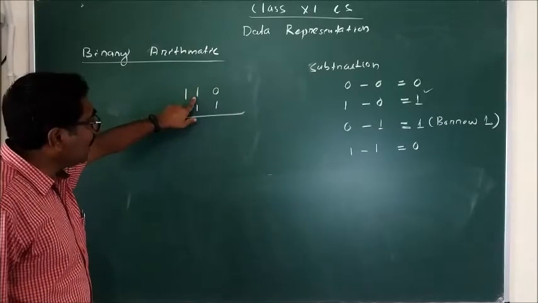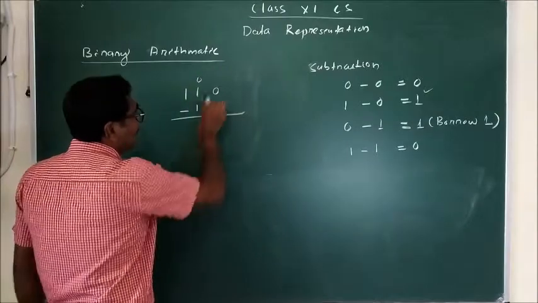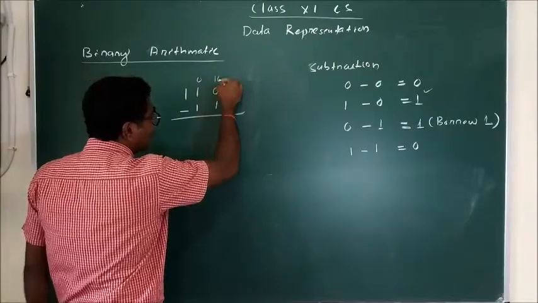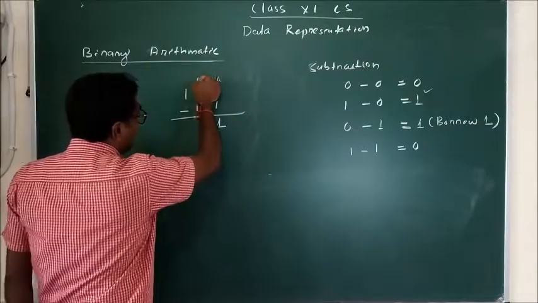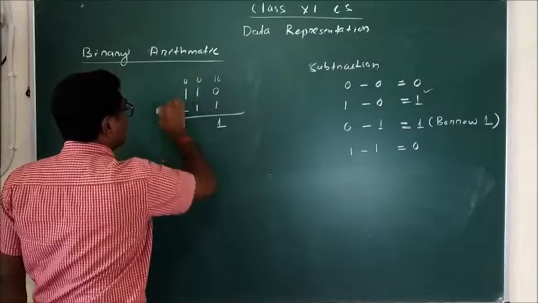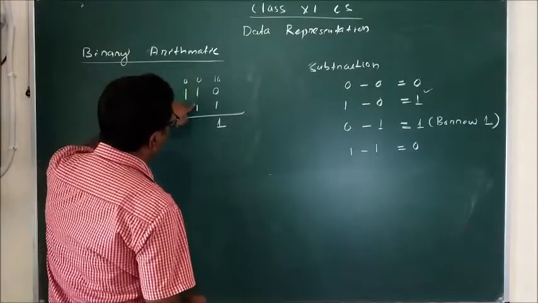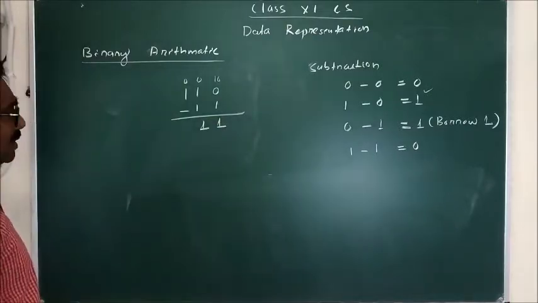If I am taking 1 from here, this itself becomes 0 and it becomes 1 0, that means 2. 2 minus 1 is equal to 1. And again 0 minus 1 is not possible, so I am taking 1 over here, then this becomes 0, it becomes 1 0, and 1 0 minus 1 is equal to 1. 1 is the result.